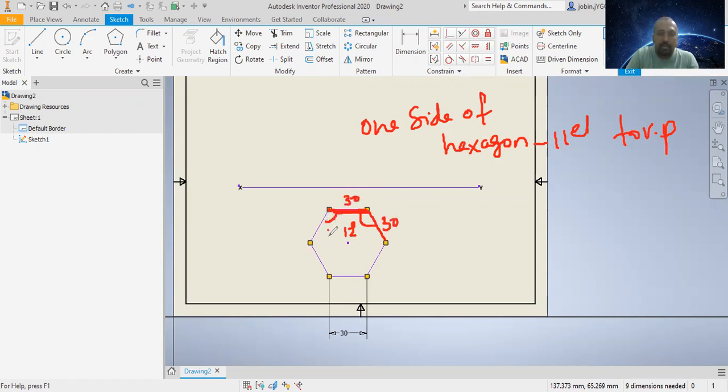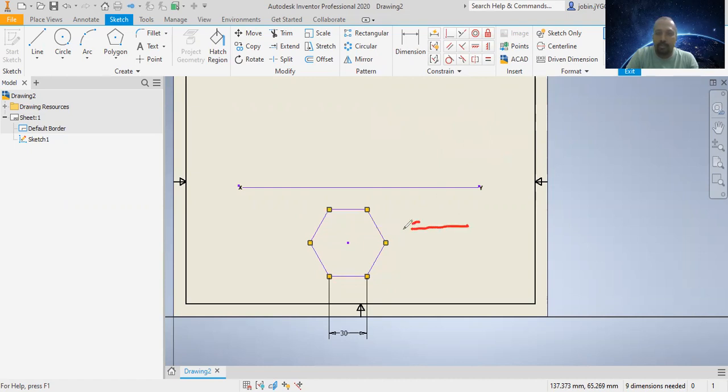Then take 120 again, then 30, then take 120 using protractor, then 30 and take 120, then 30. Like this, you have to complete the hexagon. Okay, so this is the top view or plan.